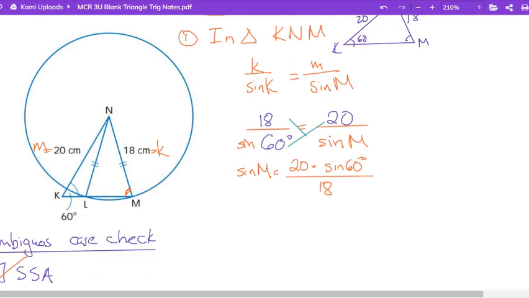So folks, this is a case. This step is where I use my ANS button, right? I'm going to get some kind of answer. I'm just going to say ANS, right? And then I can find angle M by taking the sine inverse of whatever my answer was.